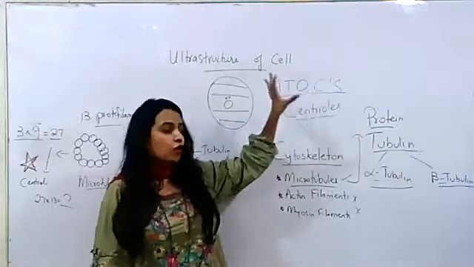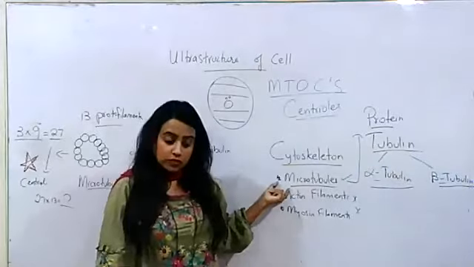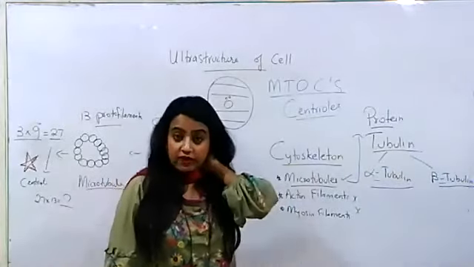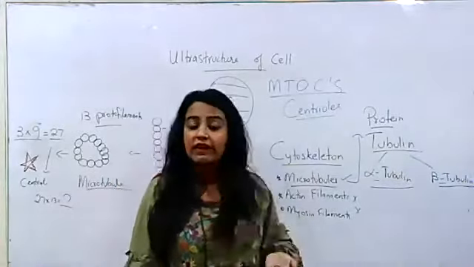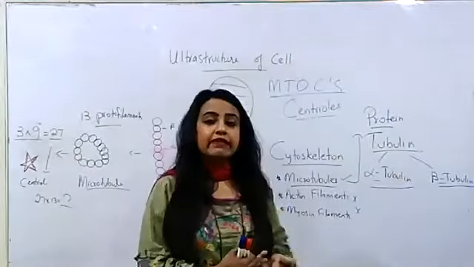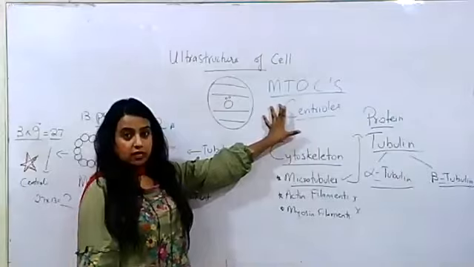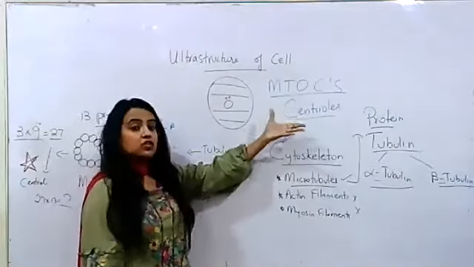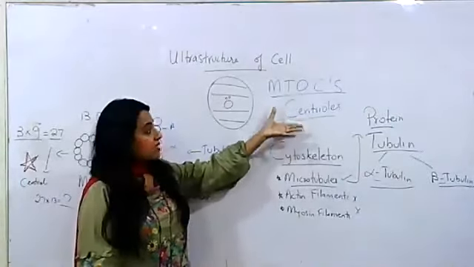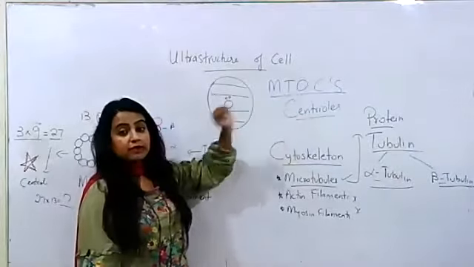Centrioles help in the organizing of microtubules and they form spindle fibers for the cell to divide. But that is not true. Lately, we have found out that centrioles cannot do that. There is something else that is actually contributing to this factor, and that something else is termed as MTOC.